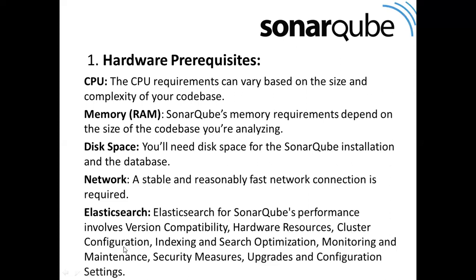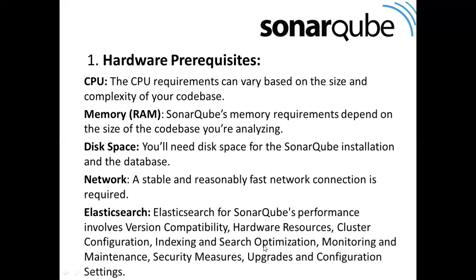In cluster configuration, configure Elasticsearch in a cluster for scalability and high availability. Plan the number of nodes and shards based on your workloads and data volume to distribute the load effectively. After that, indexing and search optimization.